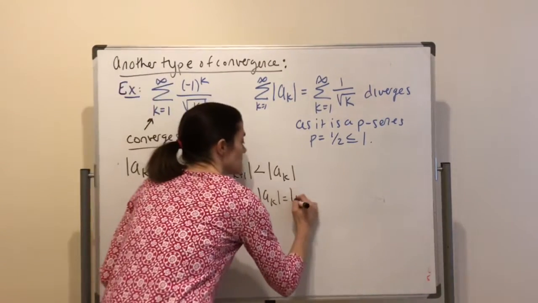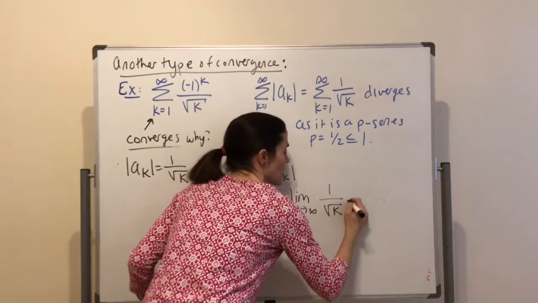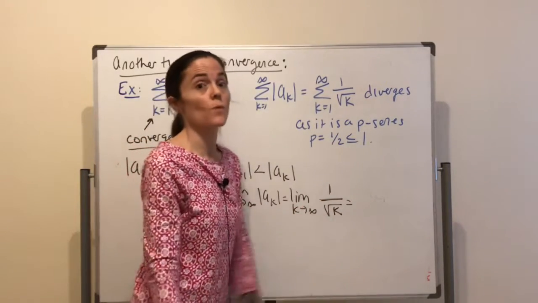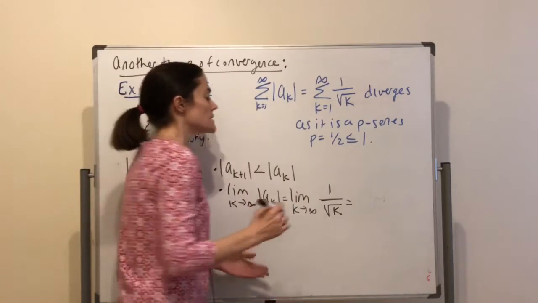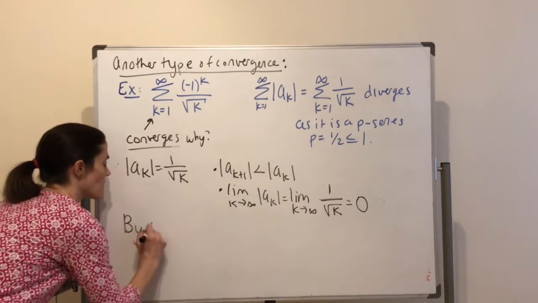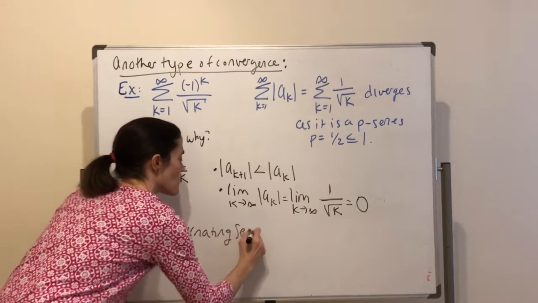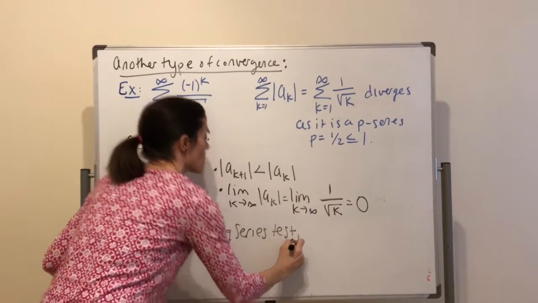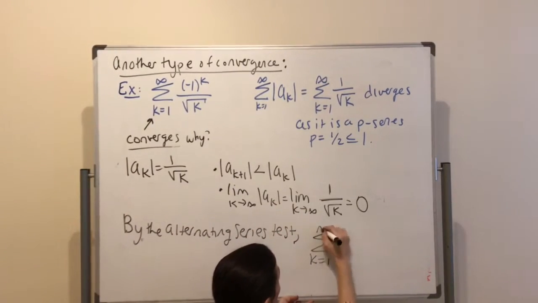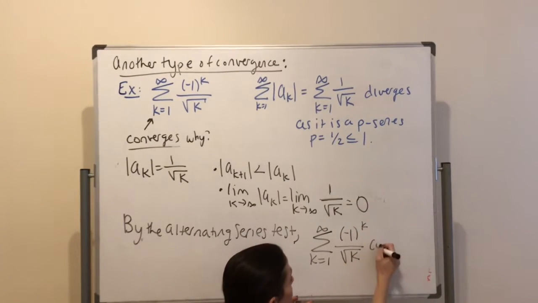This is the limit as k goes to infinity of 1 over the square root of k. What is this limit? Well, the denominator is growing without bound. This limit is 0. Okay, so by the alternating series test, this series, minus 1 to the k over the square root of k, converges.